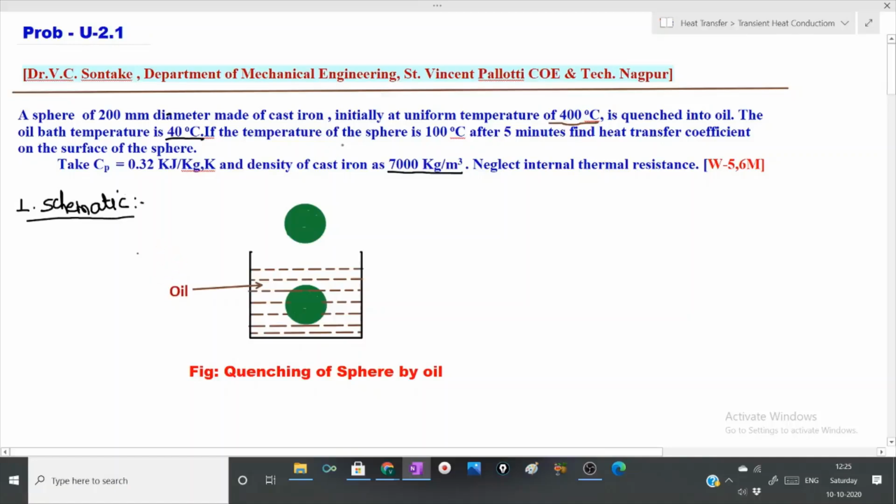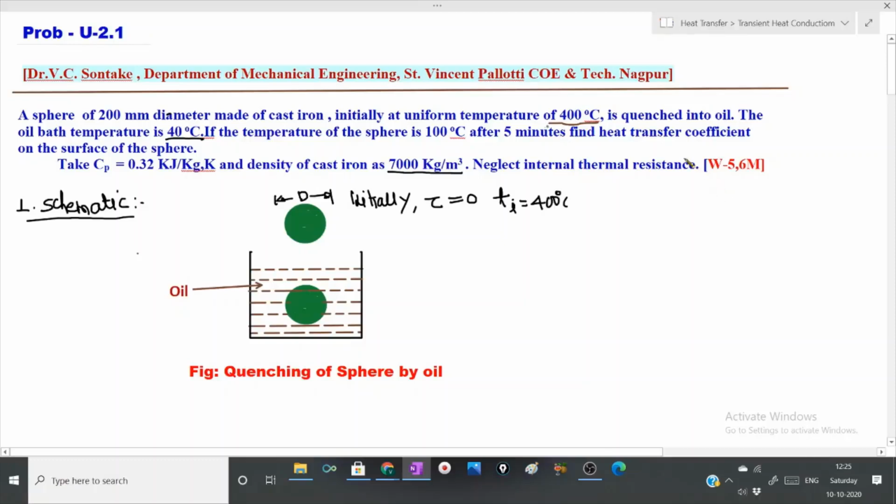Now let us first try to understand the physics of this problem. Initially, there is a sphere of some diameter d. Initially, that means at tau is equal to 0, at a uniform temperature of how much? 400 degrees Celsius.